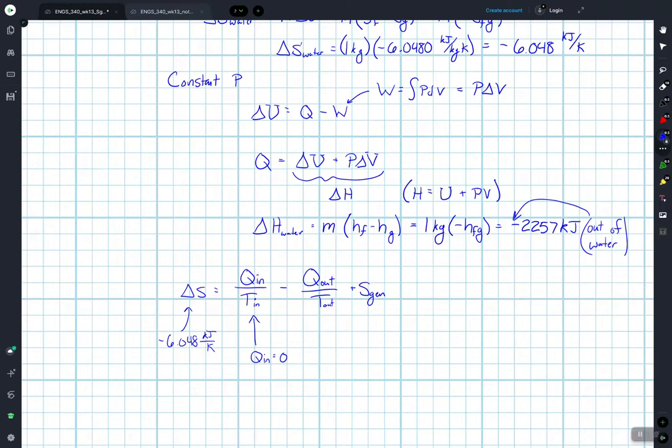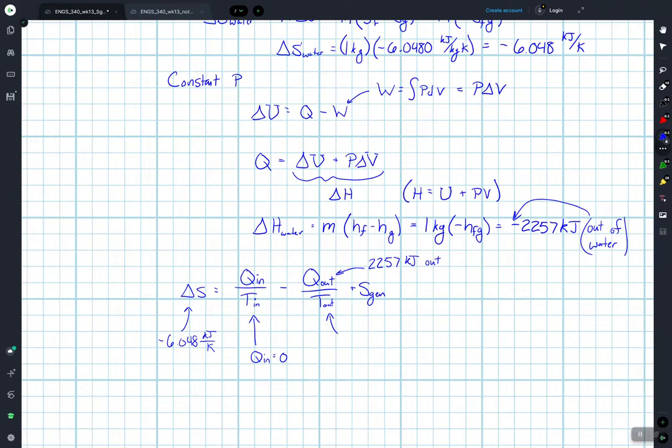So that first term cancels out. We calculated here 2257 kilojoules out. So we have 2257 kilojoules coming out of the water and going into the room.